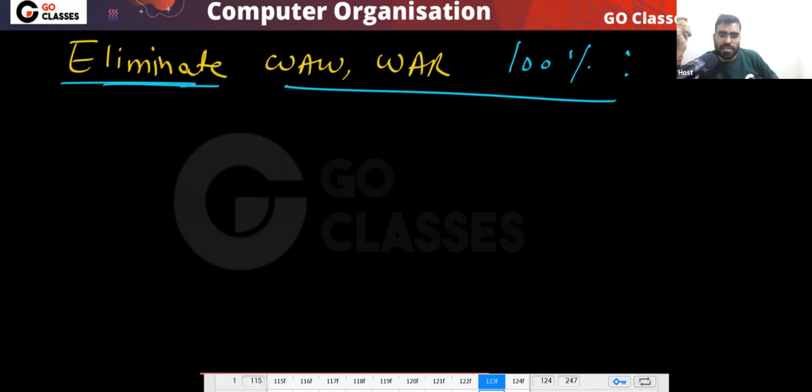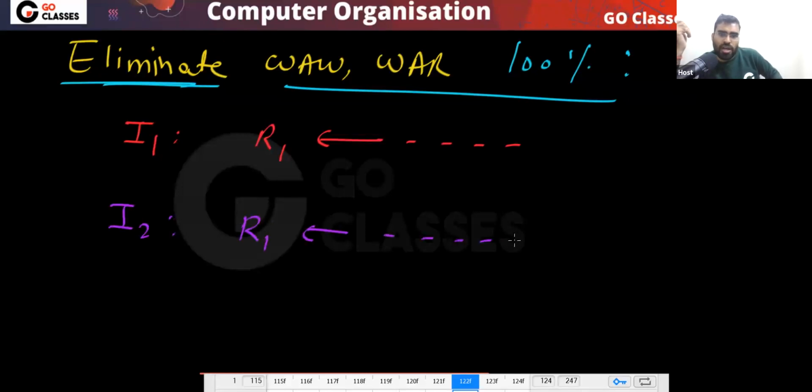Just think about it: why are they created? They are created because you are writing into R1, and then again you are writing into R1. Don't write into R1. Yes or no? Writing into the same register is the problem.